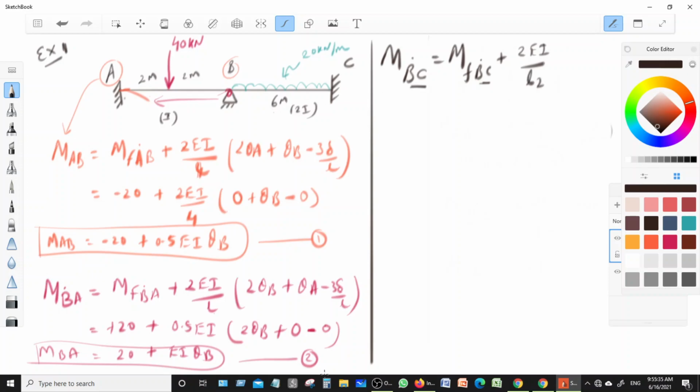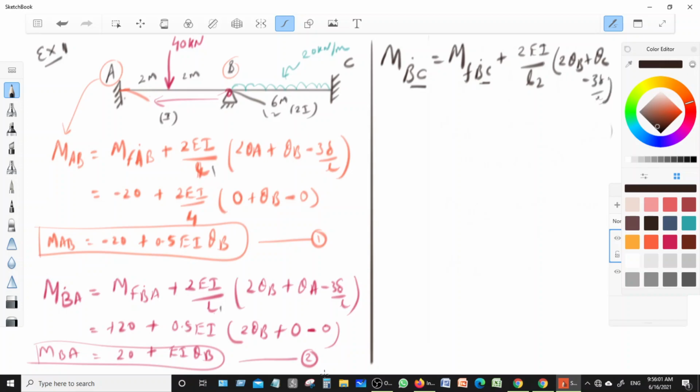Here it is L2, this one is L1. So L2 in bracket, the equation will be 2 theta B plus theta C minus 3 delta upon L2.